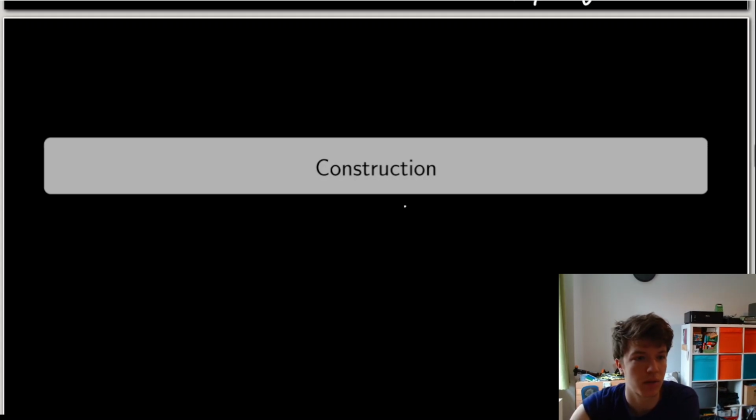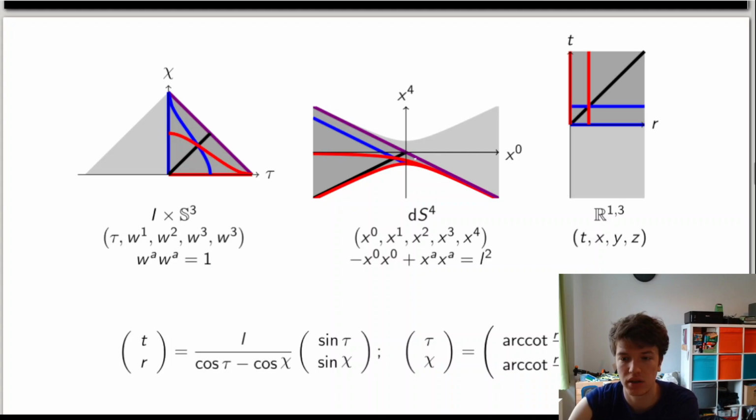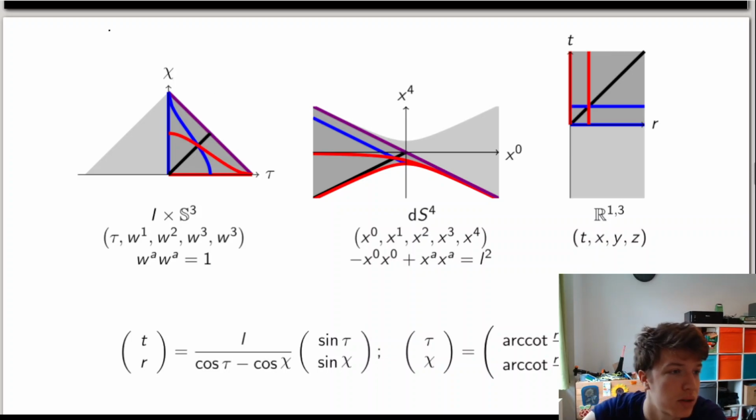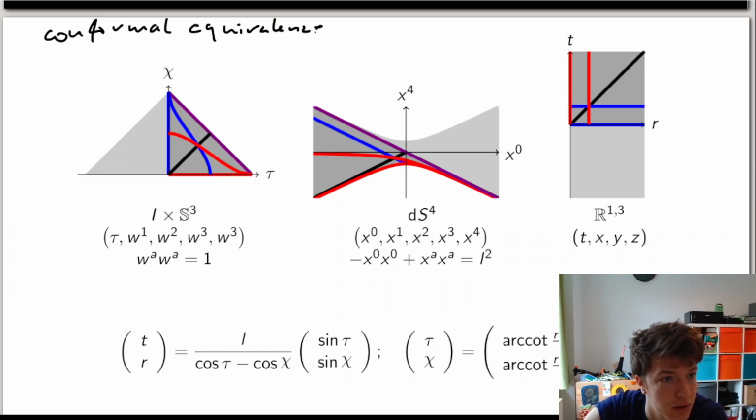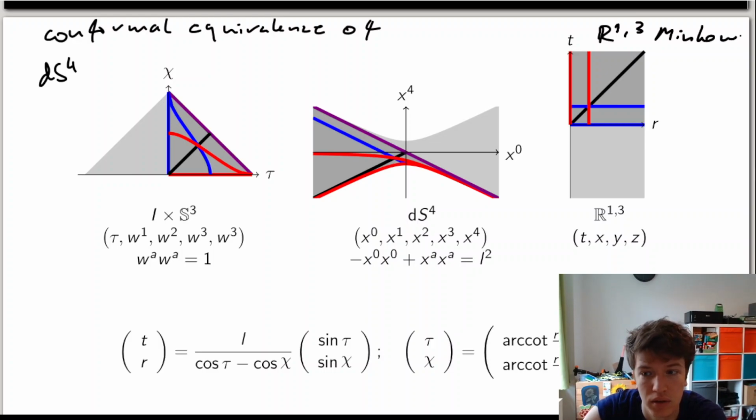So now we come to the explicit construction of the de Sitter knots, and the first part of the construction is that we construct a conformal equivalence of the de Sitter spacetime dS4 and Minkowski spacetime R^{1,3}.